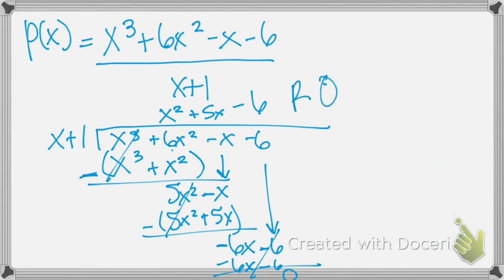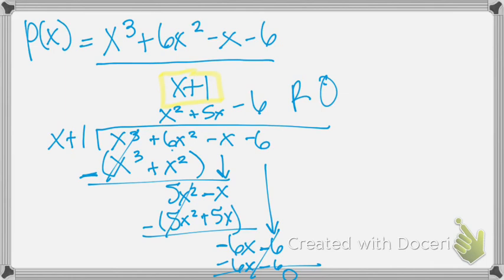Now, what we're doing is the remainder theorem. Okay? So, here's how you do this. We do not have a remainder. It is set equal to 0. What did we divide by? We divided by x plus 1. Remember, that is called my factor.